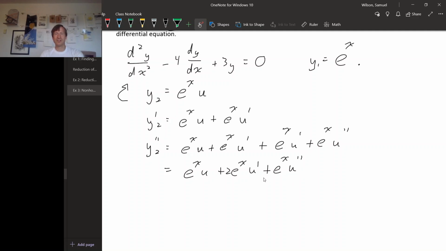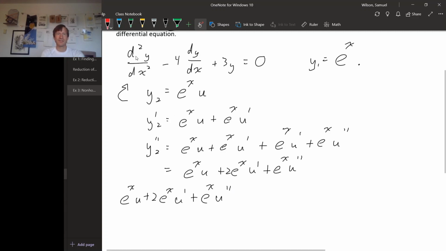Okay, now we can put this all into the homogeneous differential equation up here. So y sub 2 double prime is e to the x times u plus 2e to the x times u prime plus e to the x times u double prime. So that's this first term.